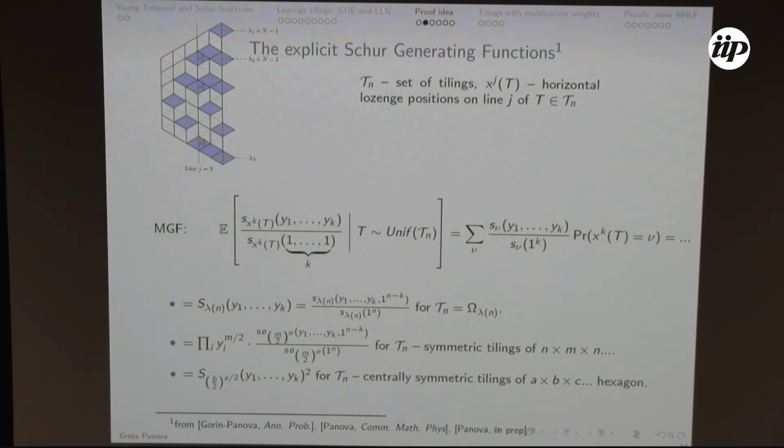But if we have the symmetric tilings, then we have other expressions, but they are closed form expressions. So there are some kind of ratio of Schur functions or products of normalized Schur functions or normalized symplectic group characters, which are similar to the Schur functions.